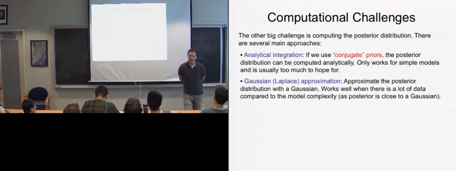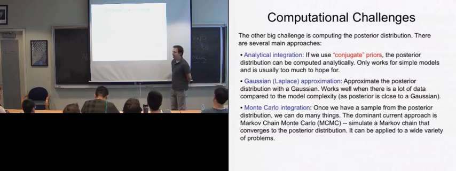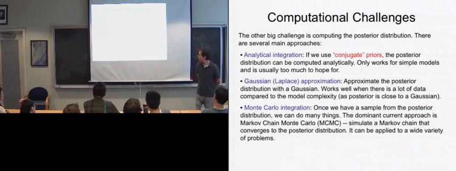Now, Laplace approximations are used from time to time, but again, it's a fairly limited way of approximating the posterior. I think one of the dominant methods today is Monte Carlo integration, Markov chain Monte Carlo.